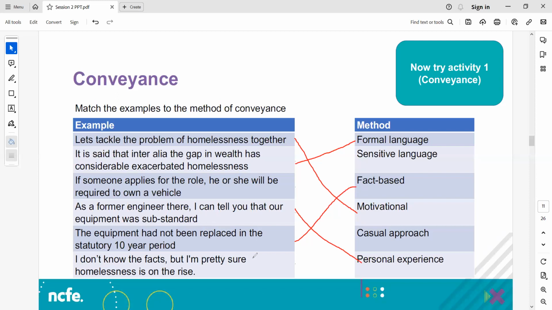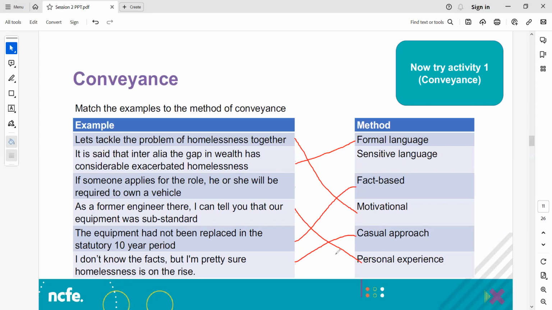I'm pretty sure. It's everyday language, colloquial language. So it's casual. Casual is more how you would speak, in everyday language, like how you speak. Yeah, exactly. So it's more like speech.